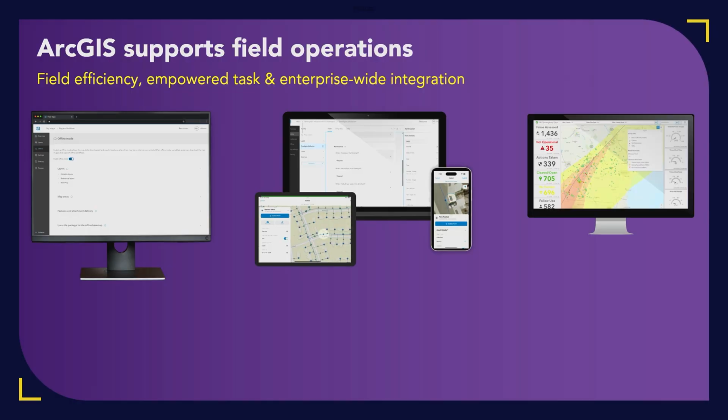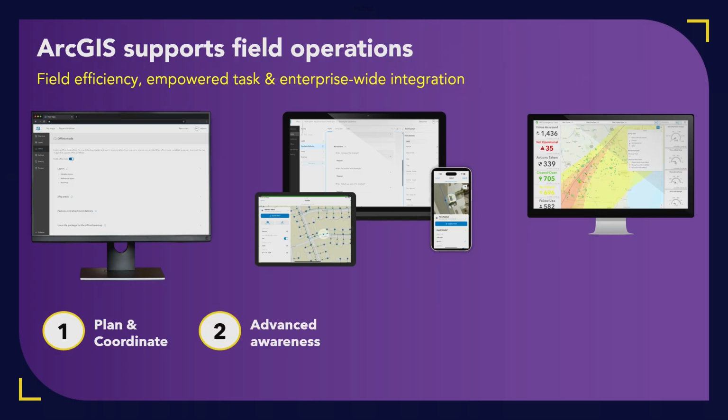So ArcGIS Field Maps brings everything your field team needs into one simple mobile application. It starts with planning and coordination, making sure everything is organized before the field team heads out into the field. Next comes awareness, where field workers have the right information at the right time to make confident and informed decisions on site.